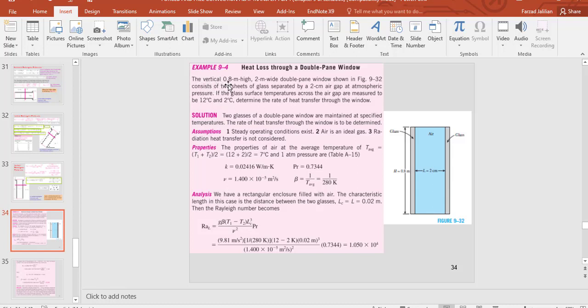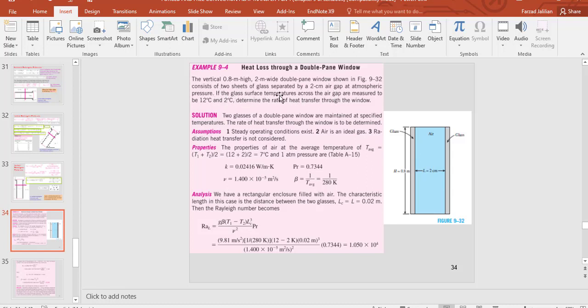The vertical 0.8 meter high, 2 meter wide double pane window shown in this figure consists of 2 sheets of glass separated by a 2 centimeter air gap at atmospheric pressure. So we know the dimensions, and we know the air is between these two surfaces.